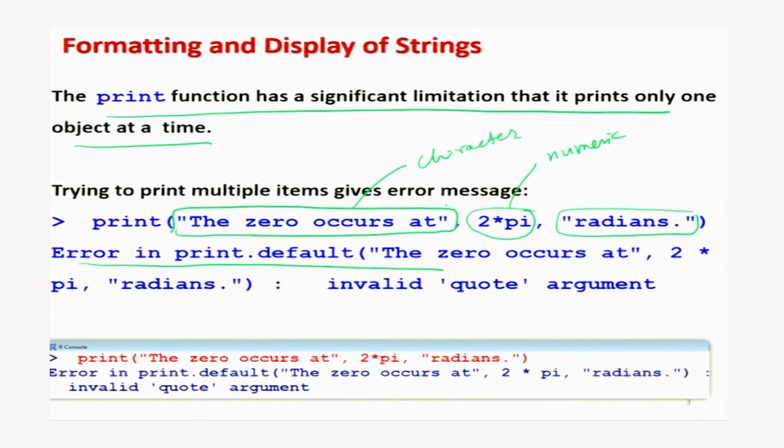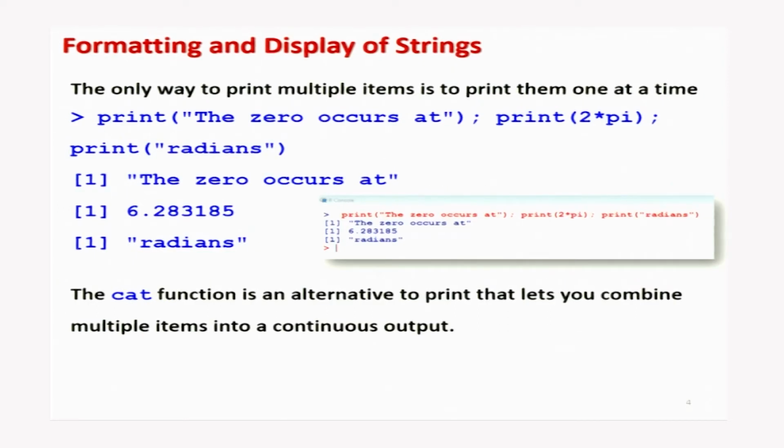I can write print for "the 0 occurs at", then a semicolon, then print twice star pi, then once again a semicolon, and then print "radians". Let us see what happens.